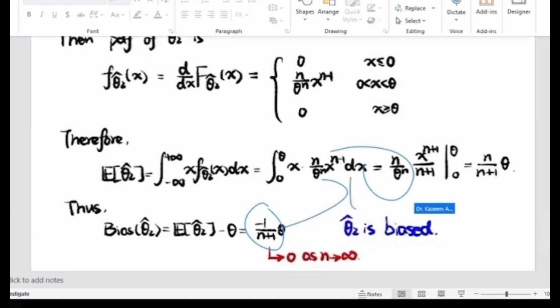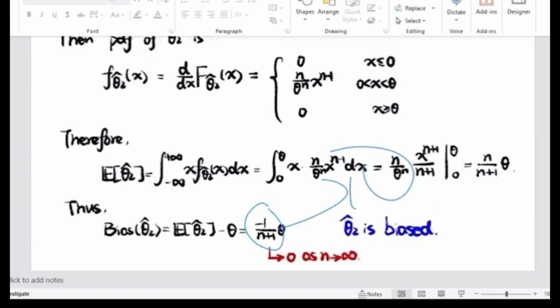In this situation, we call it asymptotically unbiased, which means initially it was biased, but when the sample size is sufficiently large, it's actually going to be unbiased. But we're still going to call it biased for now, because it is not an unbiased estimator for all sample sizes. It's only unbiased when the sample size is sufficiently large.